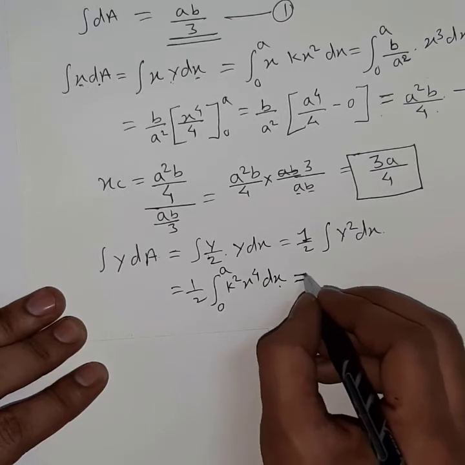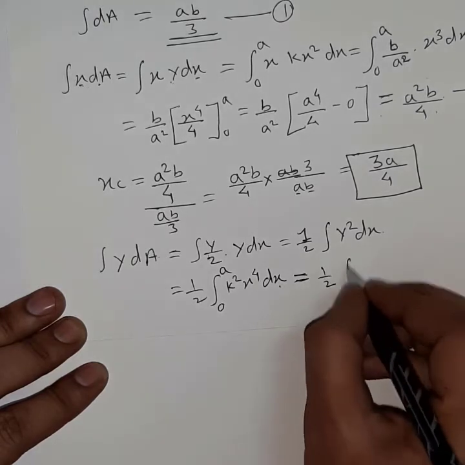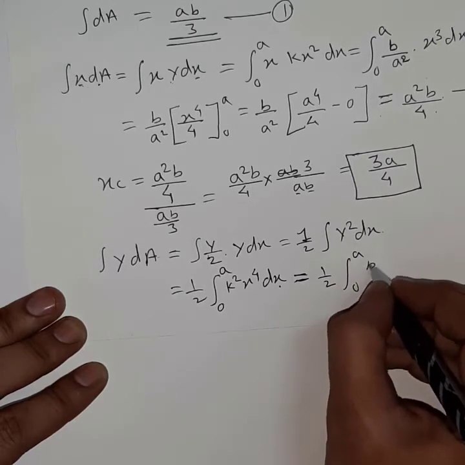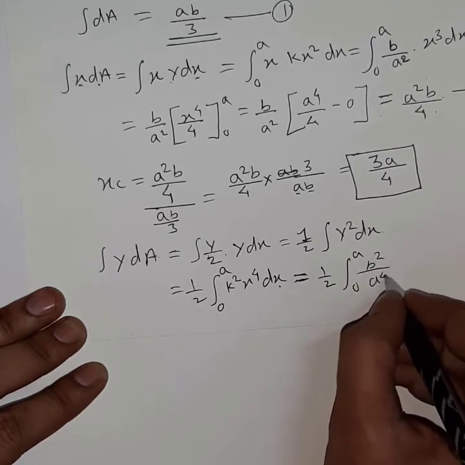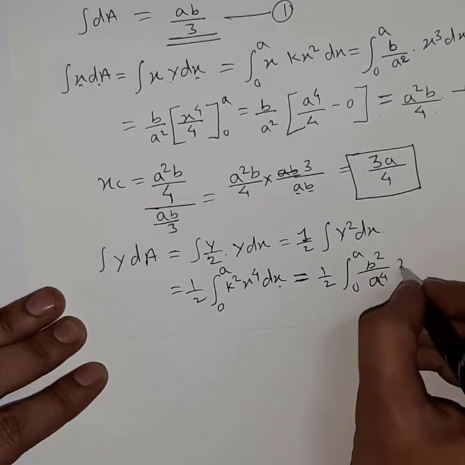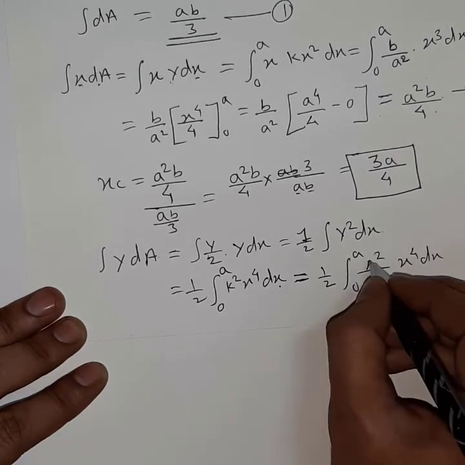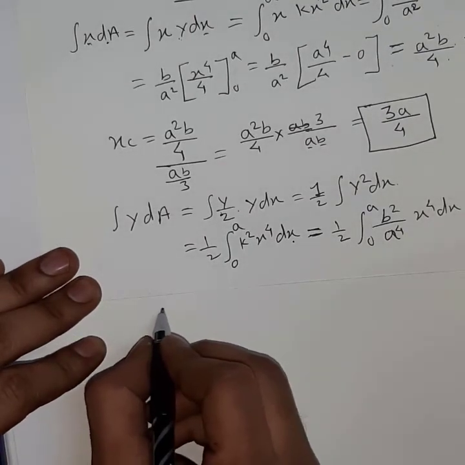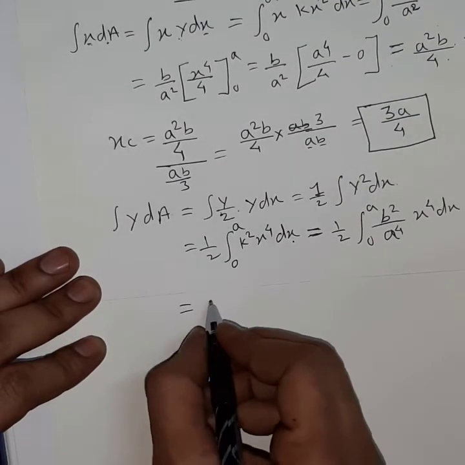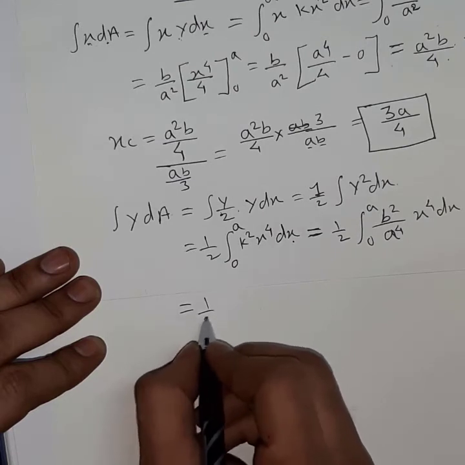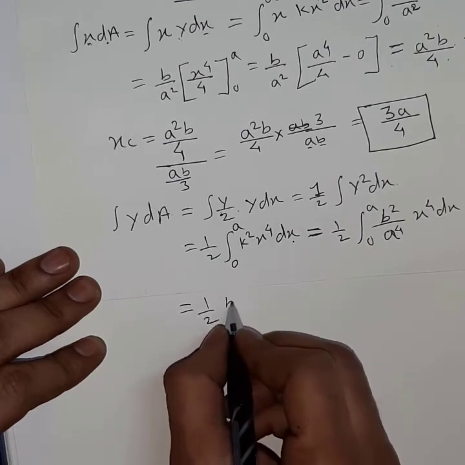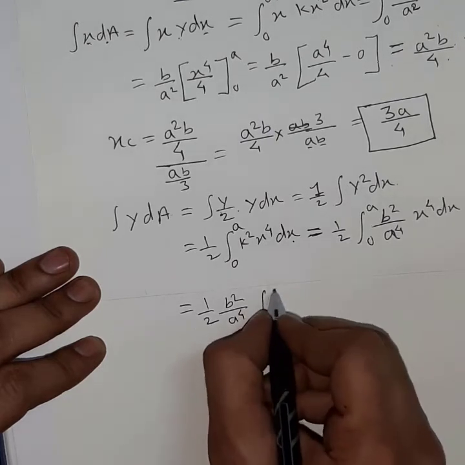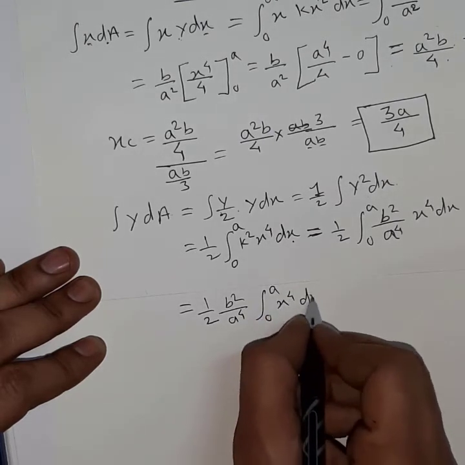So that will be 1 by 2, 0 to a, b square divided by a to the power 4 times x to the power 4 dx. Since b square by a to the power 4 is constant, we can take it outside.